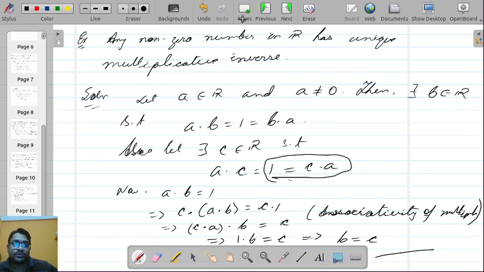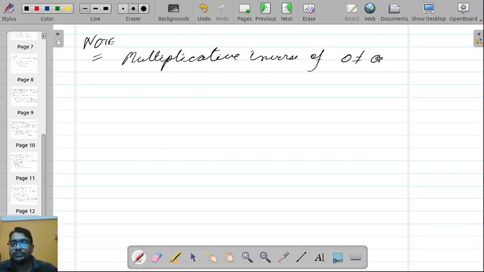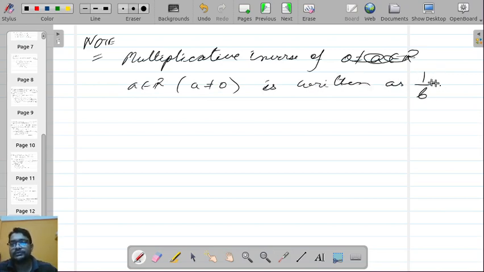Okay, so because of this uniqueness of the multiplicative inverse, the multiplicative inverse of A in R, with A non-zero, is written as 1 by A. Right, the multiplicative inverse of A is denoted as 1 divided by A. Say for example, the multiplicative inverse of 2 is half.